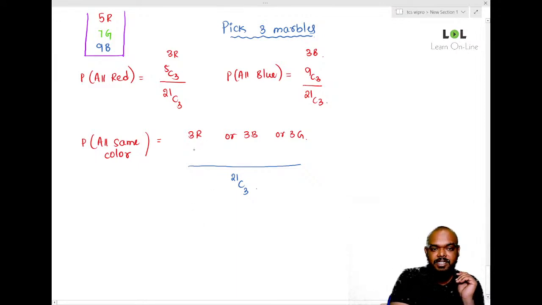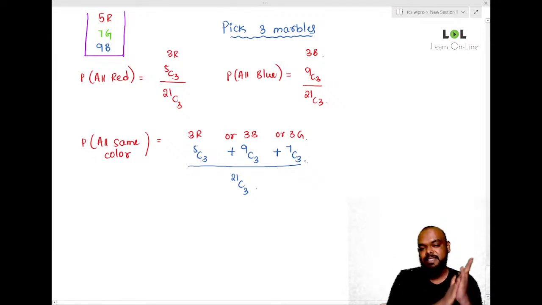Now 3 red means 5C3, or plus blue. 9 blue are there, we need 3, so 9C3, or green. 7 are there, you need 3, so 7C3. This will be my answer. Am I clear? Did you understand? All same color. Did you understand?